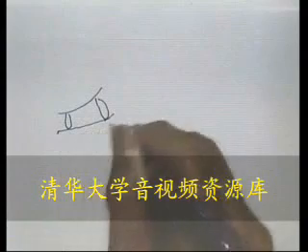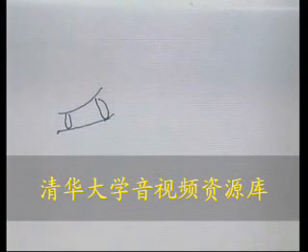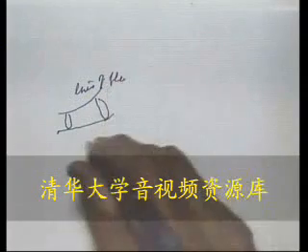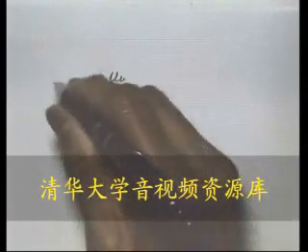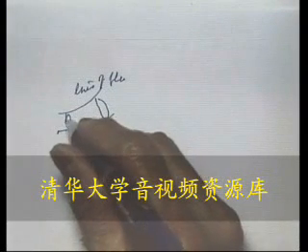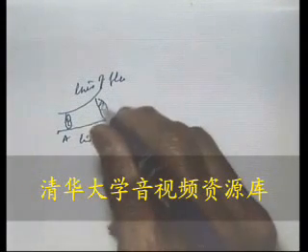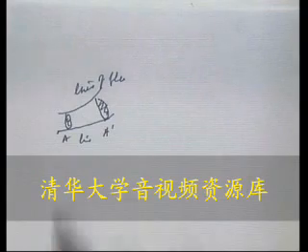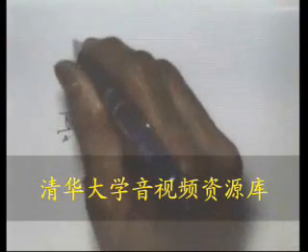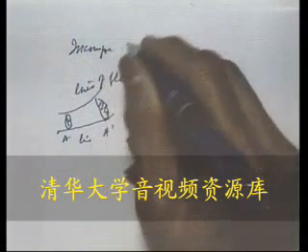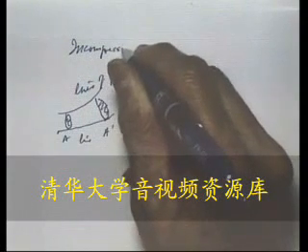So what I'm drawing are the lines of flow. It could be in a very big tube. If this area is A and this area is A prime, and we are talking about an incompressible flow.